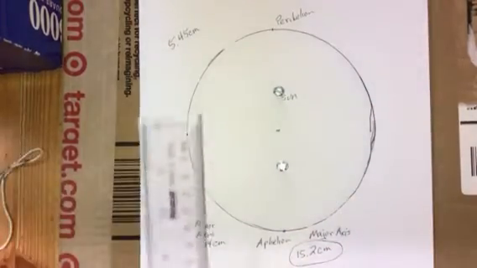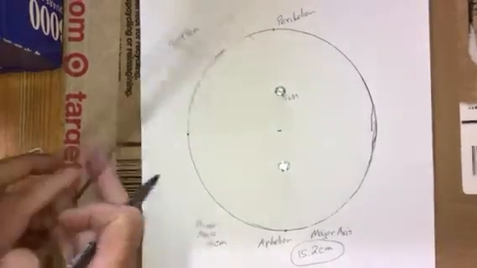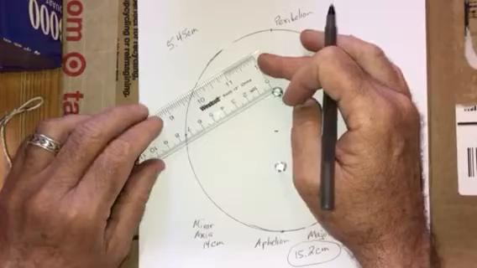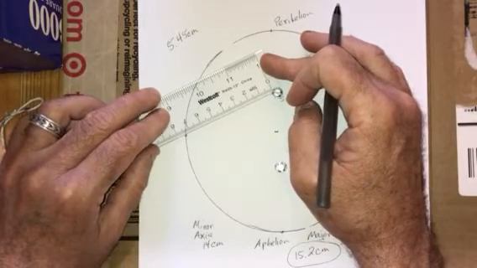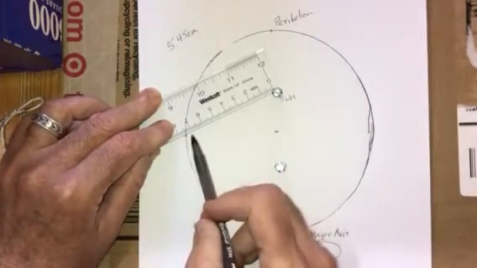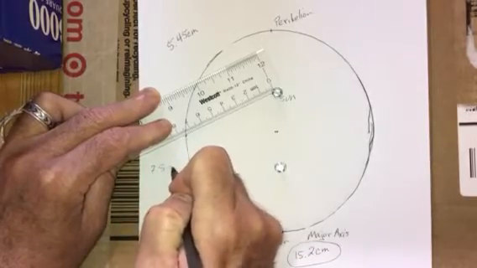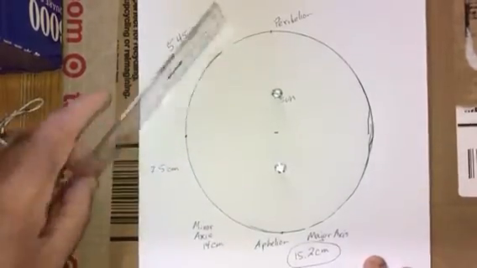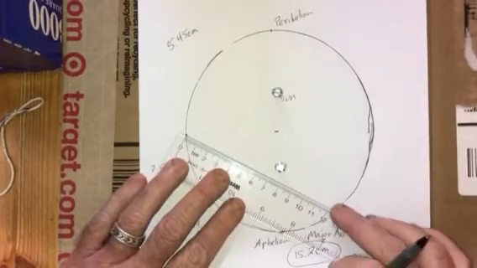So let's practice. Let's measure from this focus to that point. And it looks to be about 7.5 centimeters. Okay, so now we're going to measure from the point to the second focus.